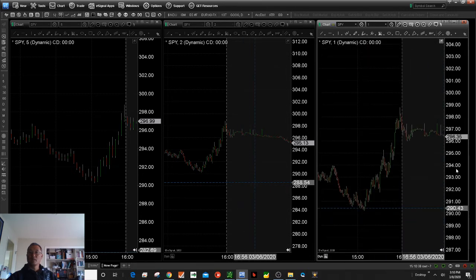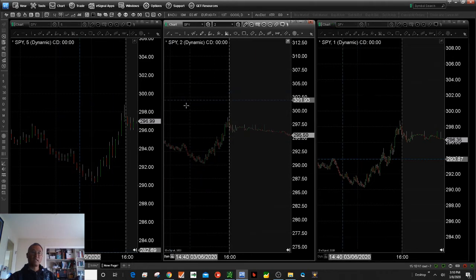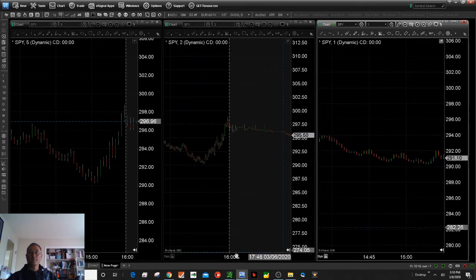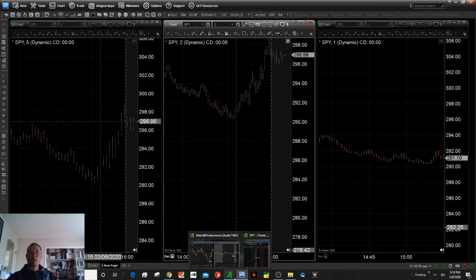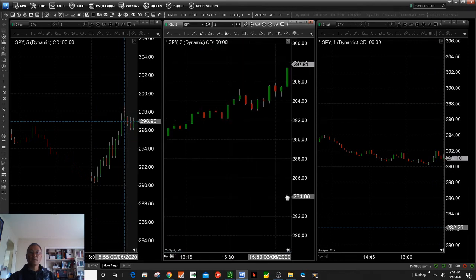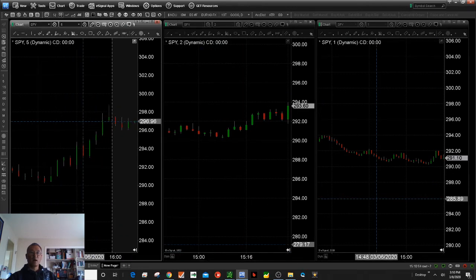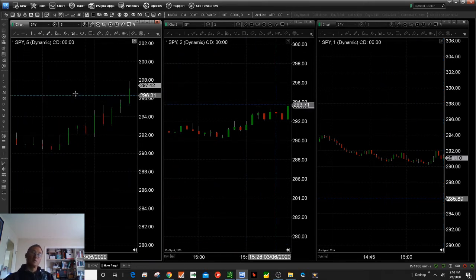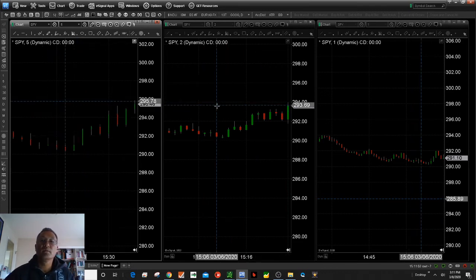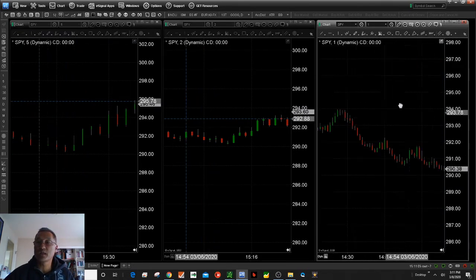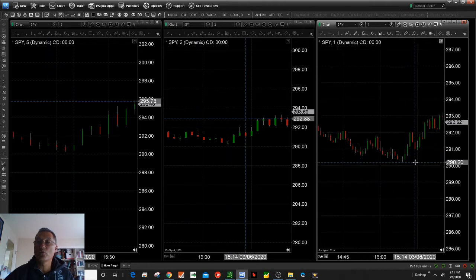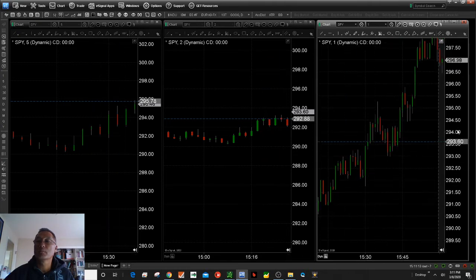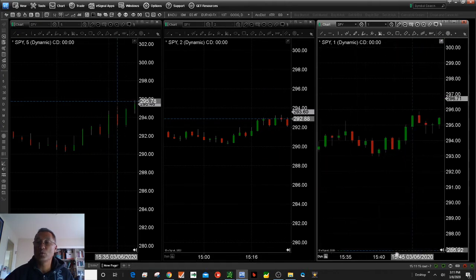This is what it would sort of look like if I was day trading the SPY, okay? I'd probably look for my setups, the setups that I like to trade. I'd be looking for the setup on the 5 or the 2-minute chart. And then, depending upon what it looks like, I might use the 1-minute chart for an entry and a tight stop.